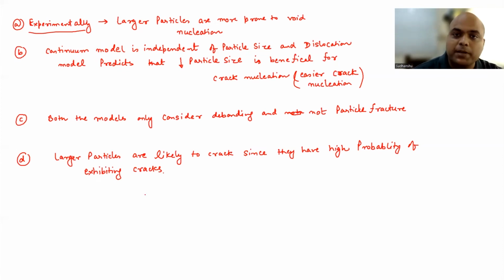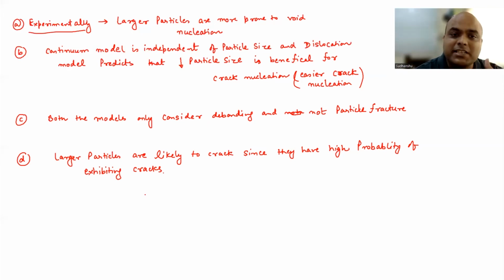Okay. And moreover, after casting, say that aluminum alloy microstructure I showed you, you are going to roll it, right? Or extrude it. You're going to do some forming processes. During those forming processes, because of the applied stress, these particles are also going to crack. So there can be pre-existing cracks in these particles, right?